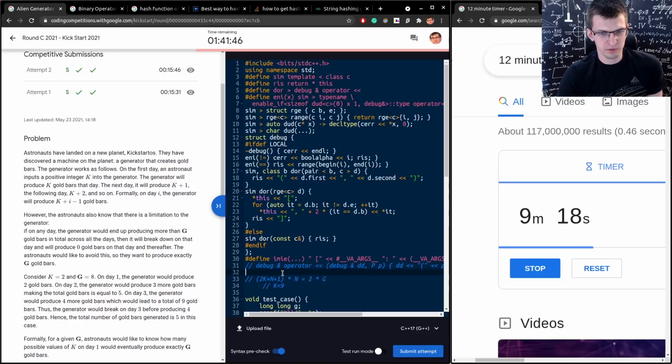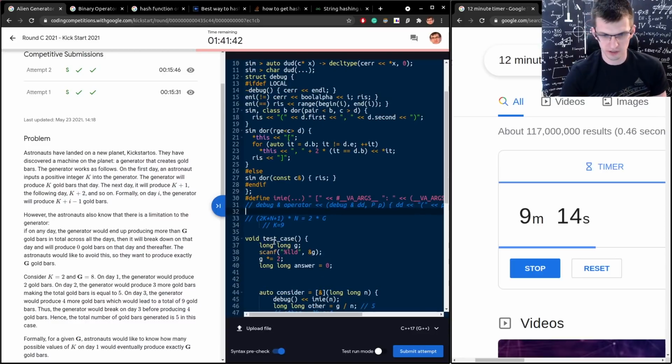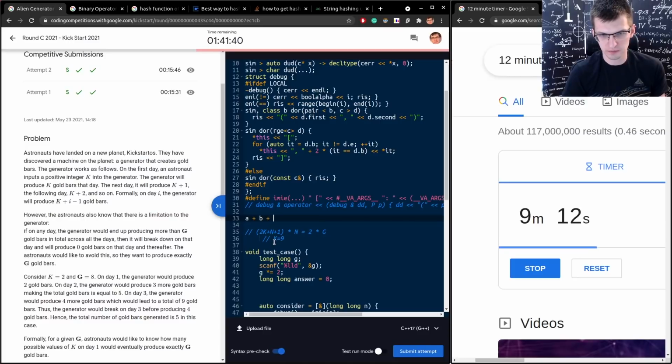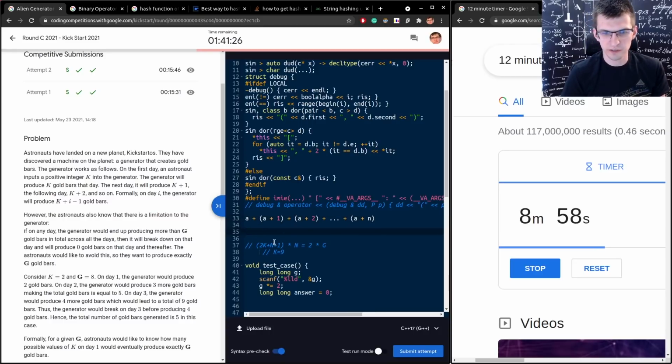I used a simple formula for arithmetic progression or sequence, where a plus b, a plus 1 plus a plus 2 and so on, plus a plus, say, n. The sum is first element plus the last one divided by 2, so this is the average of them, times the number of elements, in this case n plus 1.